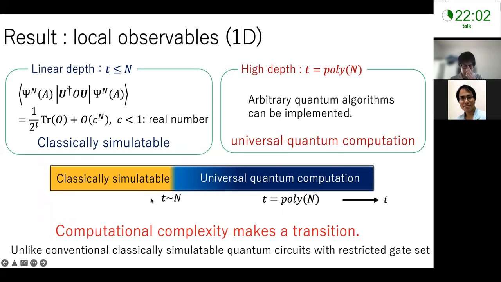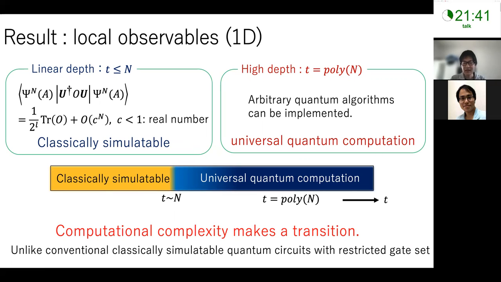So this is very interesting for the quantum computation community because this computational complexity makes the transition in polynomial time. So in linear time, they are classically simulable, but in polynomial time, they can perform universal computation.